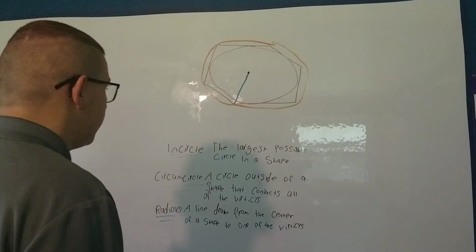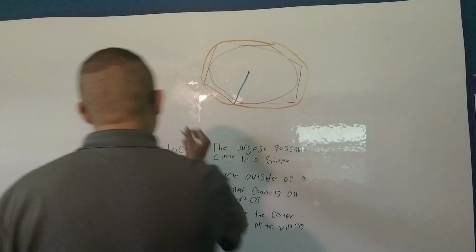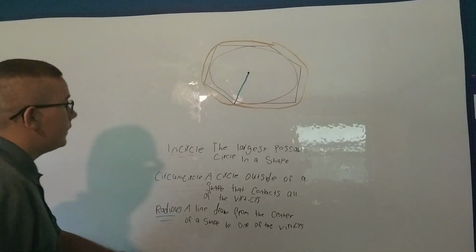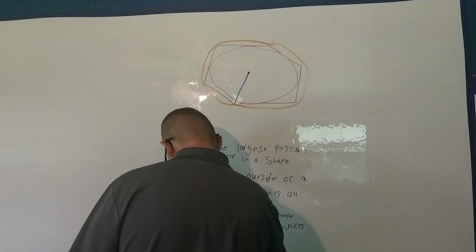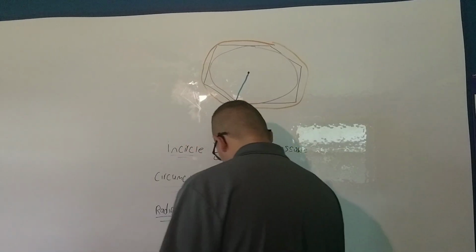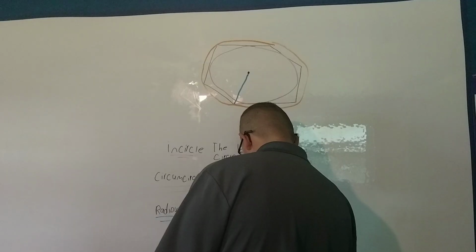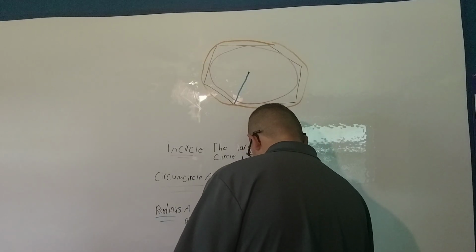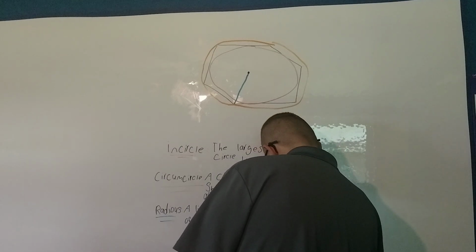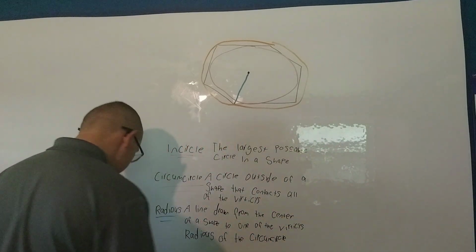And this is also, you have to put in here, it is the radius of the circumcircle.